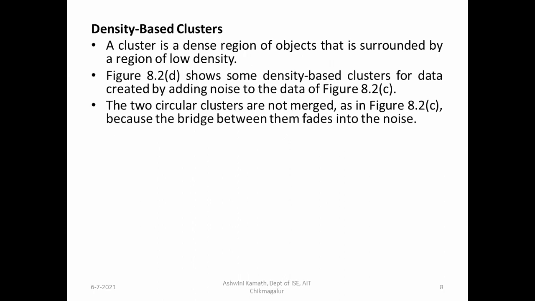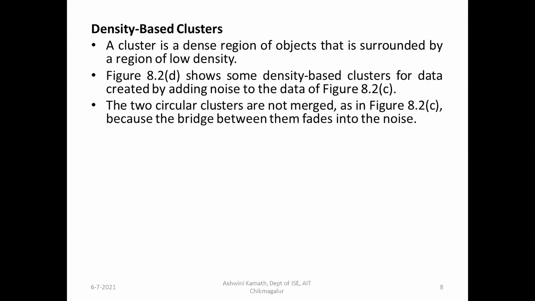The same thing is considered for density based cluster. The two circular clusters are not merged in density based cluster because the line which is joining the two globular clusters is not dense.